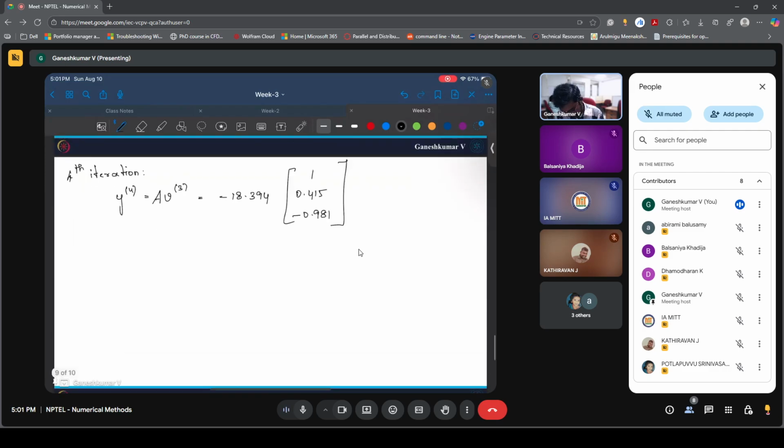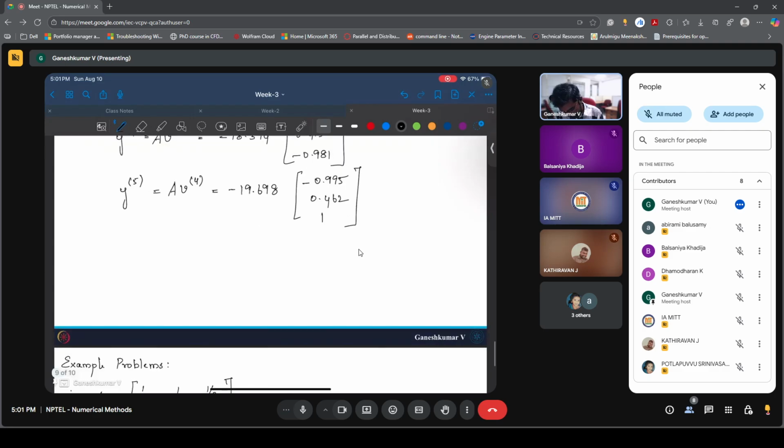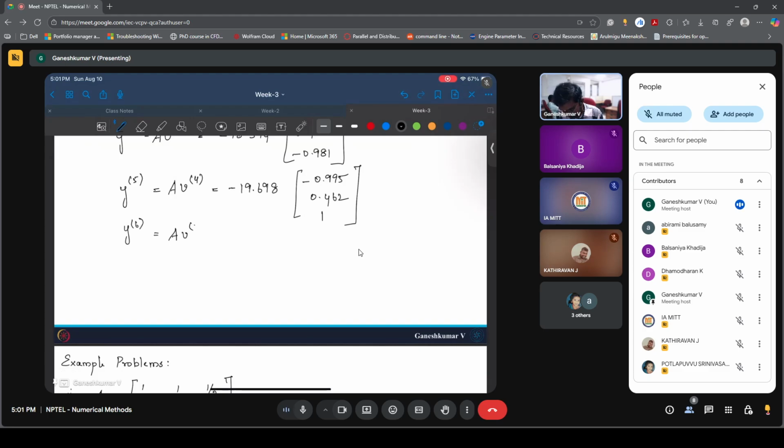Okay, and the fifth iteration becomes y of 5 equal to A v of 4, which is minus 19.698, minus 0.995, 0.462, and 1. Okay, similarly you can keep doing it. y of 6 is A times v5, which is minus 19.773, 0.48, minus 0.999.